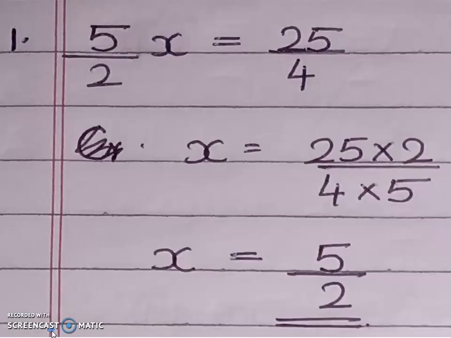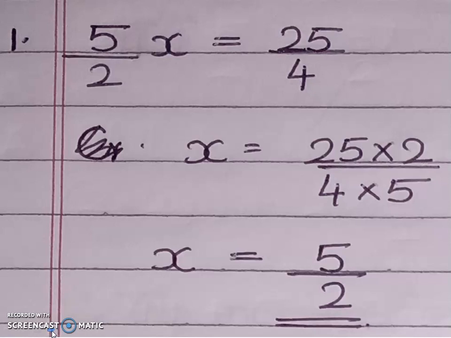First question. 5/2 x = 25/4. Else, I can read the same question as 5/2 into x is equal to 25/4.